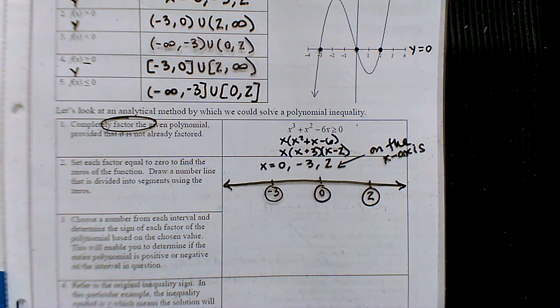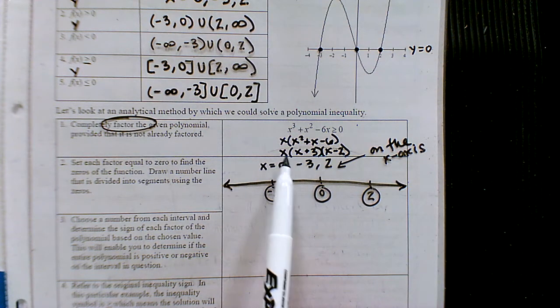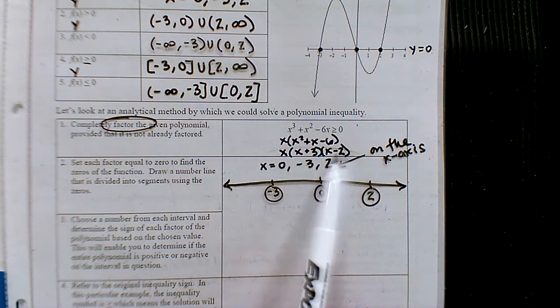What did we do from here in terms of the absolute value number lines? Do you kind of remember? We're going to pick a number in between the intervals. So from -∞ to -3, pick any number you want. Something easy. -4.